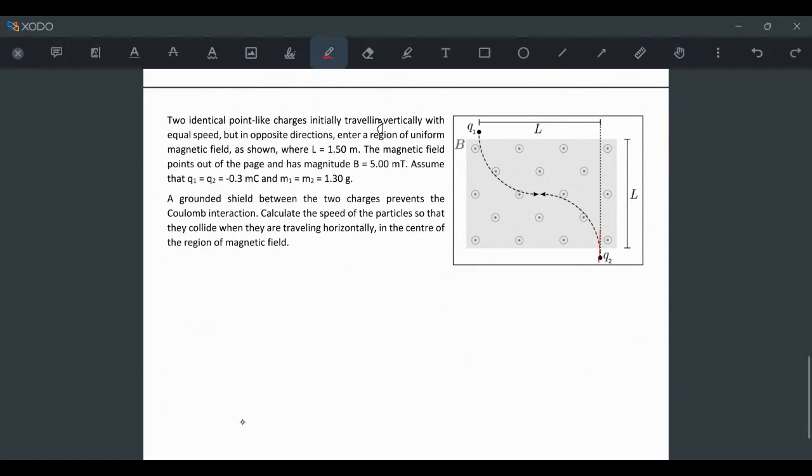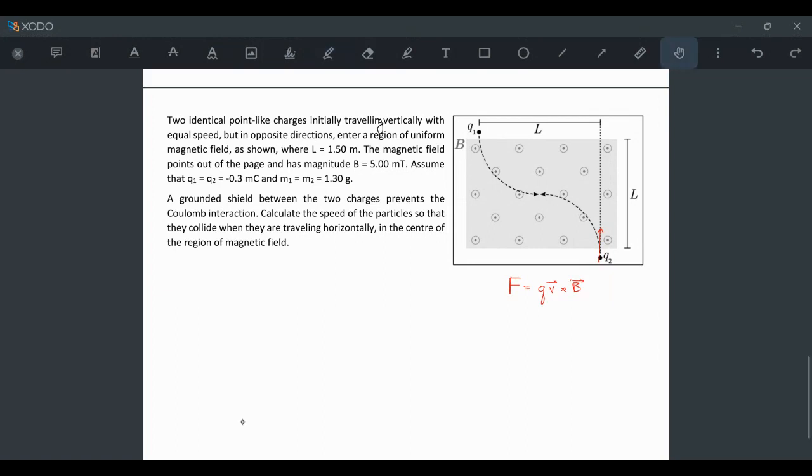So you can imagine what would happen. I'll probably end up erasing this too, but here's the initial velocity of charge Q2. So if we really quickly work through the cross products, remember the force is going to be equal to QV cross B. So we'll use the right-hand rule.